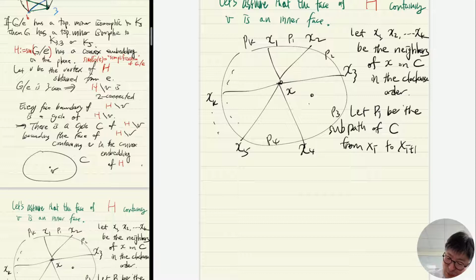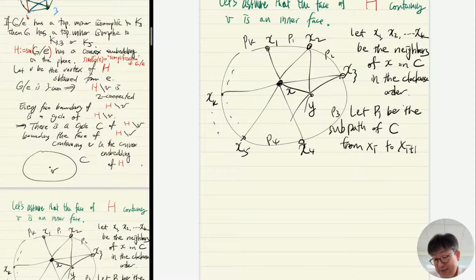And then there is a Y. I want to draw Y in a way, right? So x1, x2, x3, x4, x5, xk. These vertices are the neighbors of X on the cycle C in cyclic order, and then the vertices of Y have some neighbors.